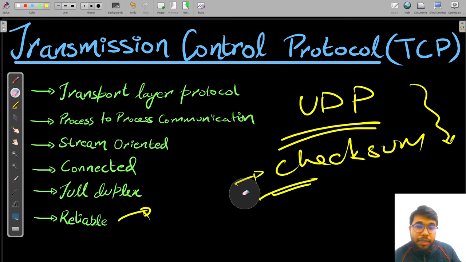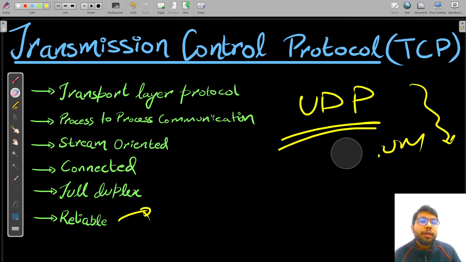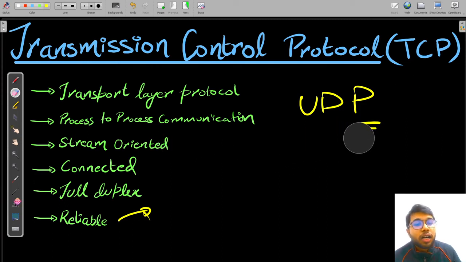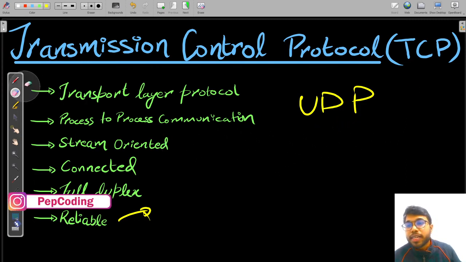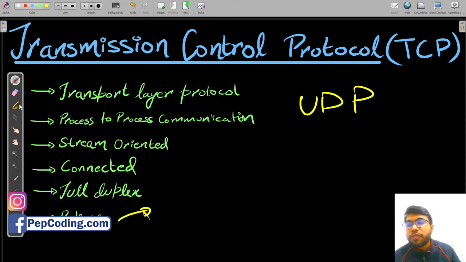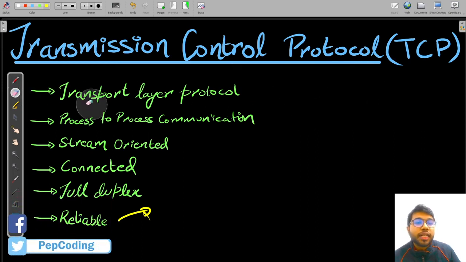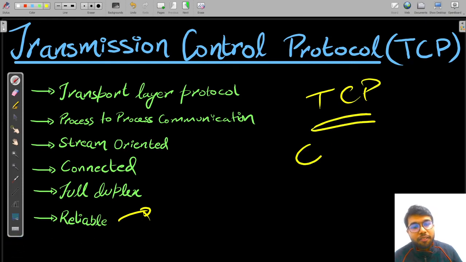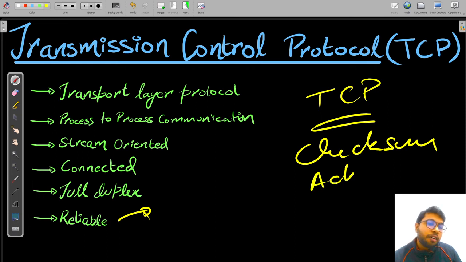In TCP, it is quite different. We are going to have many more things. We already have a maintained connection, so we know that things are reaching. We have acknowledgements. We have your checksum. We have many more things, which we will be discussing in TCP.